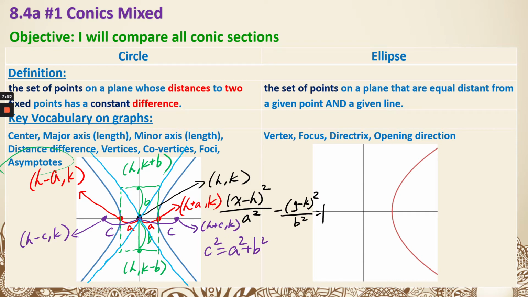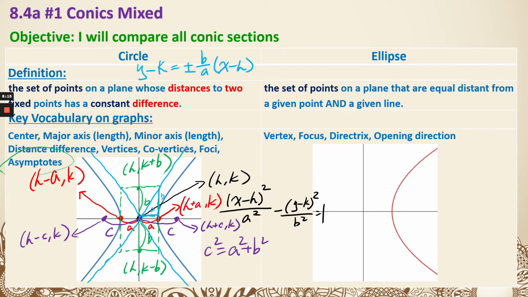Lastly, I am going to write my asymptotes. My asymptotes will be y minus k equals plus or minus b over a times (x minus h). You can use this little triangle here to help you identify the slopes. Because that part is going to be b, that part is a, so the slope is for sure going to be b over a.